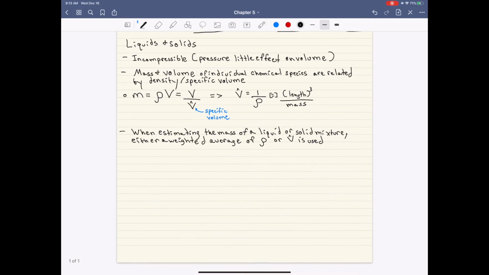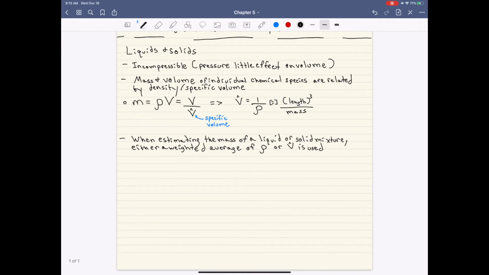Alright. And so there's two different ways to approach this. You could either calculate an average density, and so the little bar on top here is what I'm going to use to symbolize averages. Alright? And so your average density is going to be equal to the sum of the mole fraction of a chemical species times its individual density.